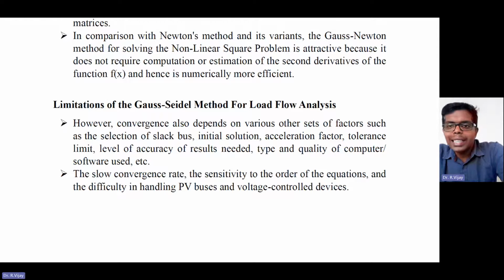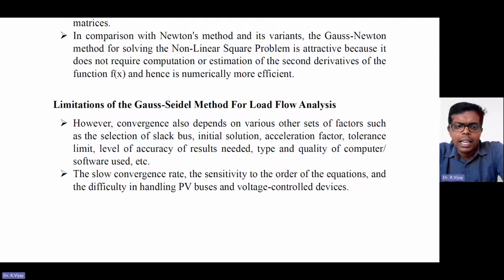So at that time you need to consider the quality of the software used. For example, if you do it in MATLAB programming or in Python programming, which one will compute faster? It depends on the user's program, but generally Python is a little bit faster than MATLAB. We can't say both are equal; Python is a little bit faster, by some seconds.